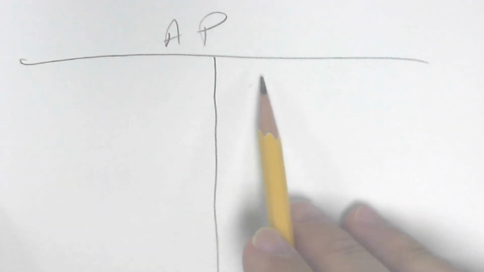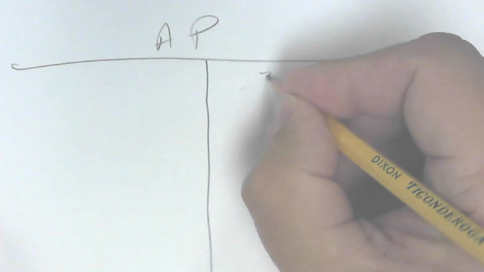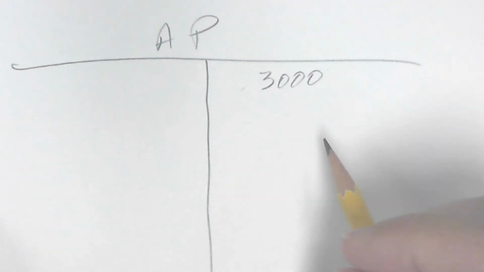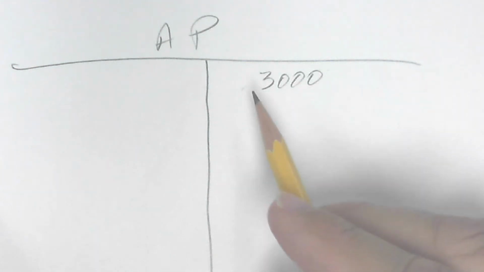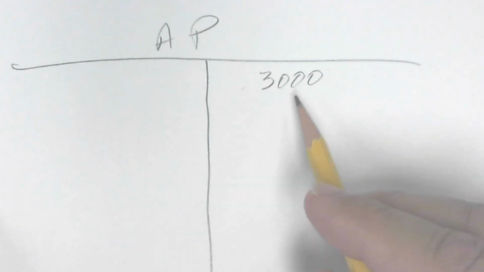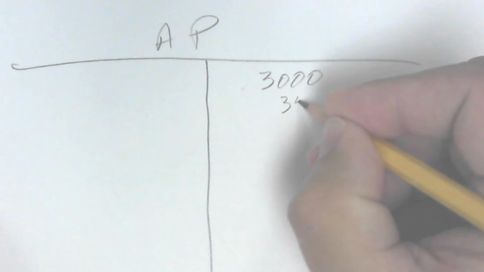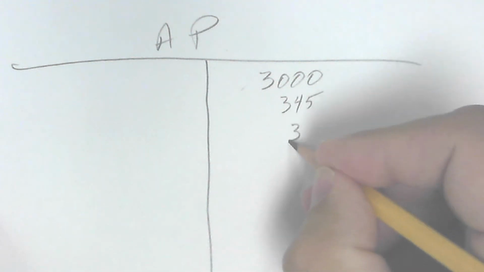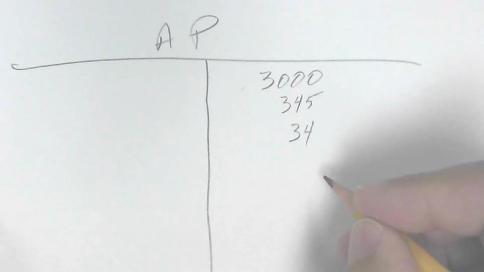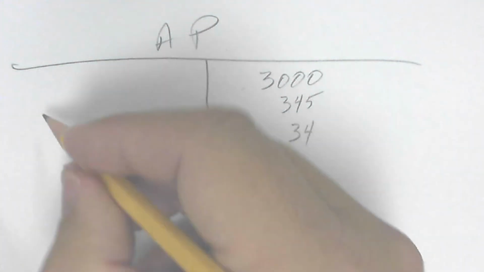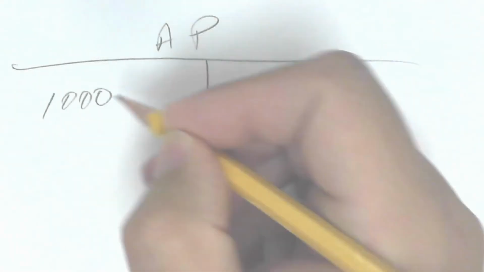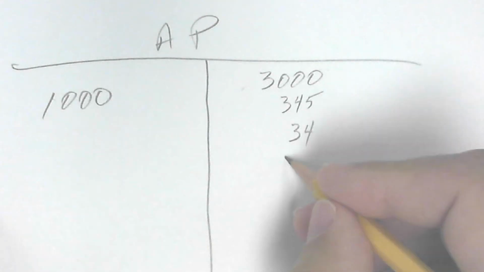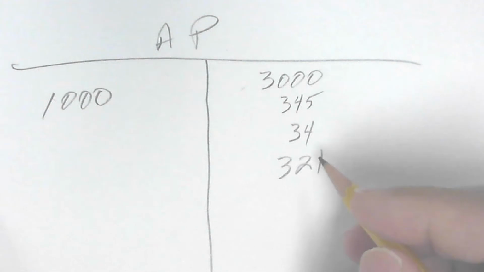So we have a credit balance, 3,000. And then we have some entries. We have another credit of 345. We have a credit of 34. We have a debit of 1,000. So we have another credit of 321.